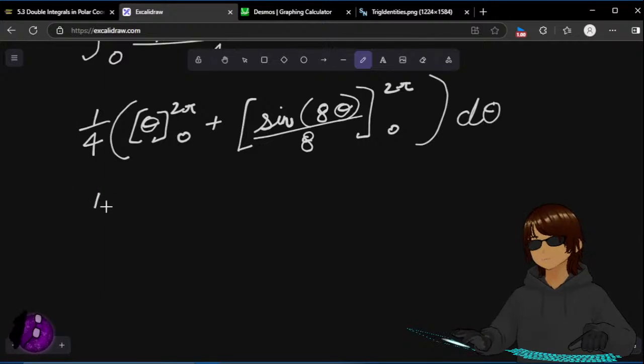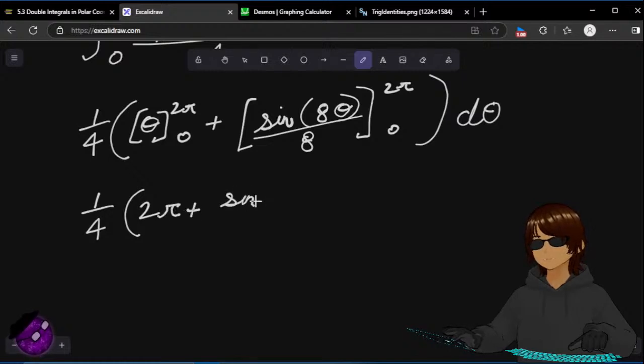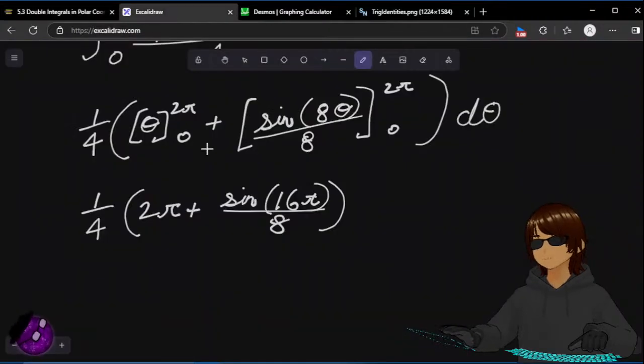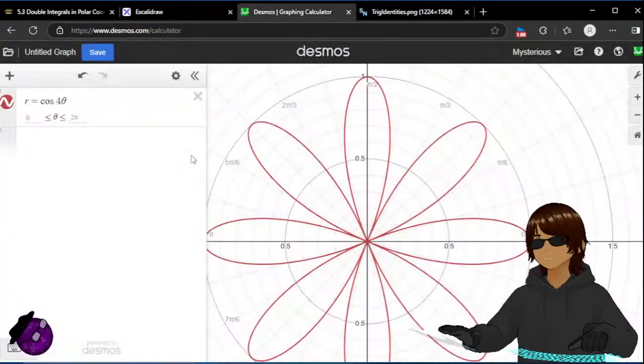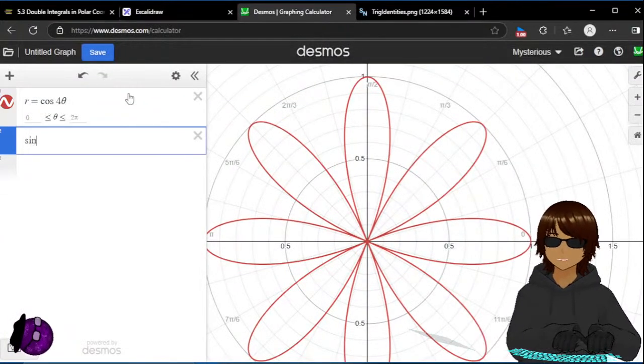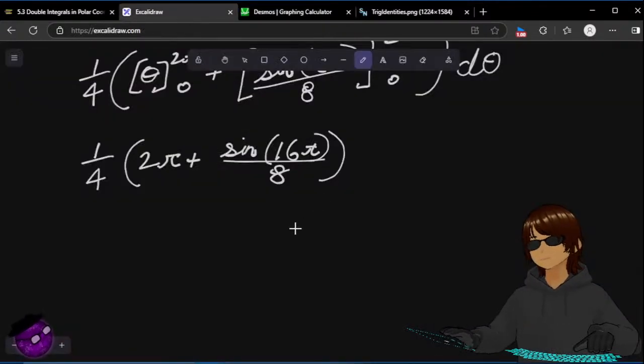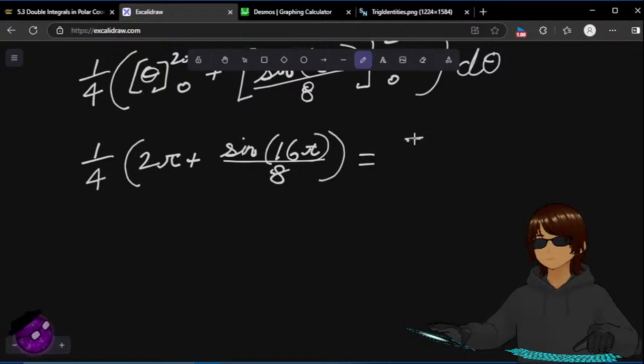Oh, okay. 2 pi plus sine 16 pi over 8. Is this on the right track? They got pi over 2. What is sine 16 pi? Sine 16 pi is 0. Yeah, then it's pi over 2, this times this.